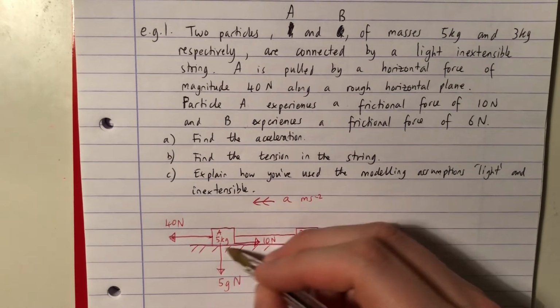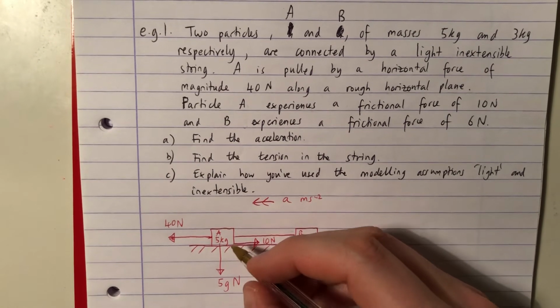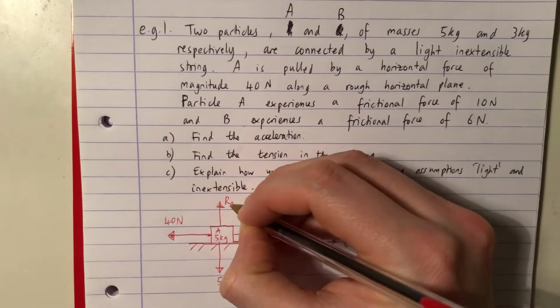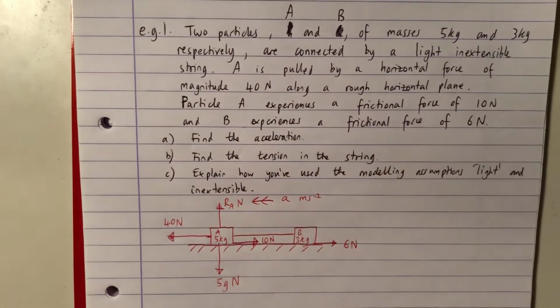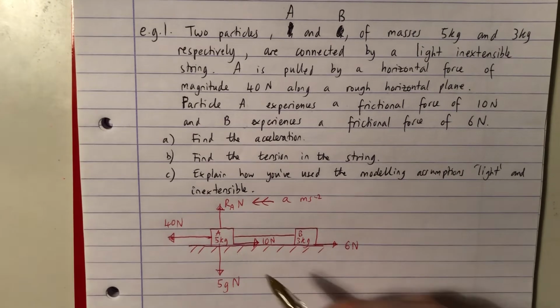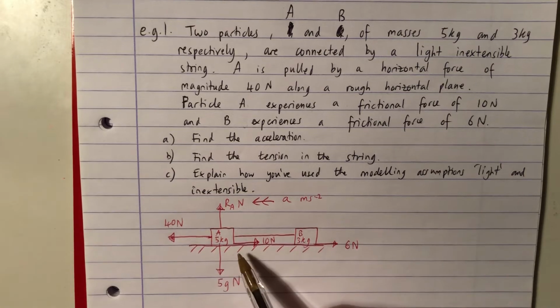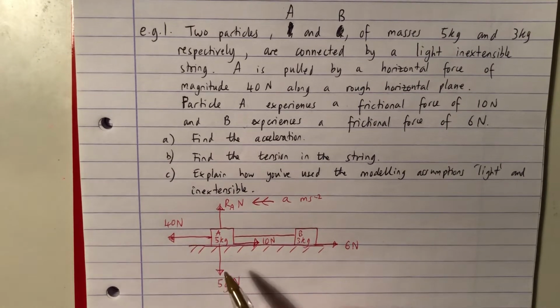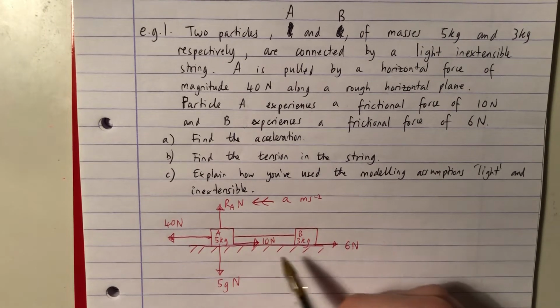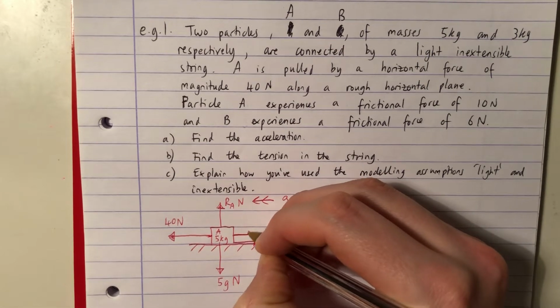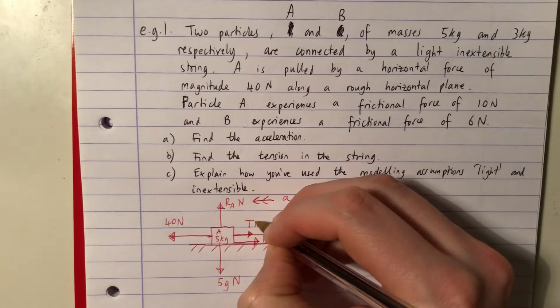It's in contact with the surface, so by Newton's third law there will be a reaction force, call that Ra newtons. And it is attached to this string. Now because A is moving to the left, the tension in the string is going to resist that. It's going to try and pull it back. So tension will be in the string and it will face in that direction. T newtons.